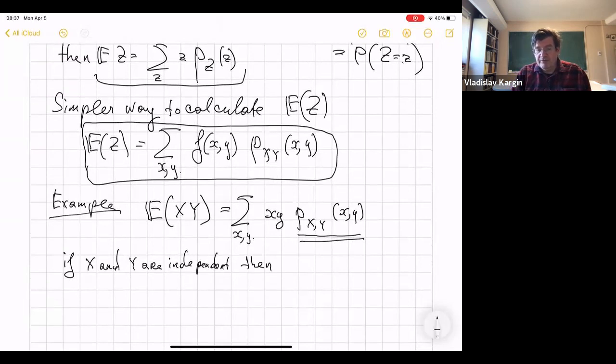It is equal to the sum of x, y, and instead of the joint, you write a product of two marginals, p_X of x and p_Y of y.